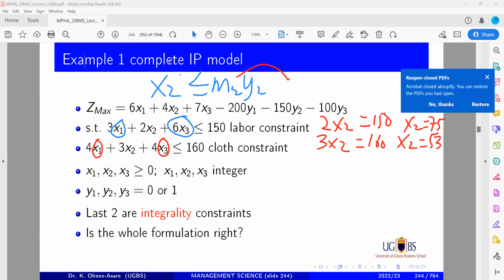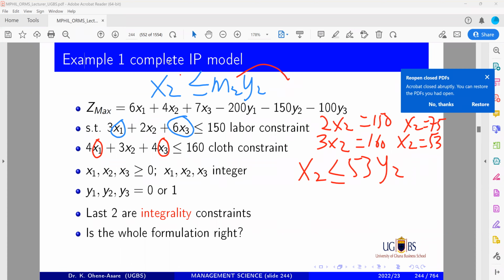It will be 53, excellent. Therefore, we rewrite our equation as x2 less or equal to 53 y2. This is how our linking constraint is going to be.